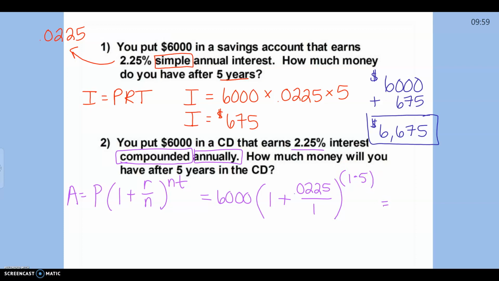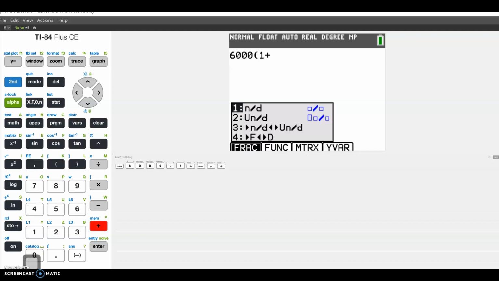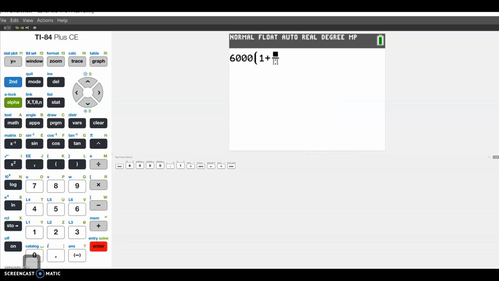Okay, so now we're going to have to actually type this in our calculator. Okay, and I'm going to show you how to enter that in your calculator. So when you go to your calculator, you're going to do 6,000 times 1 plus, you're going to use your fraction key, okay, and then you're going to do 0.0225 over 1, close your parenthesis, raise it to the 1 times 5.